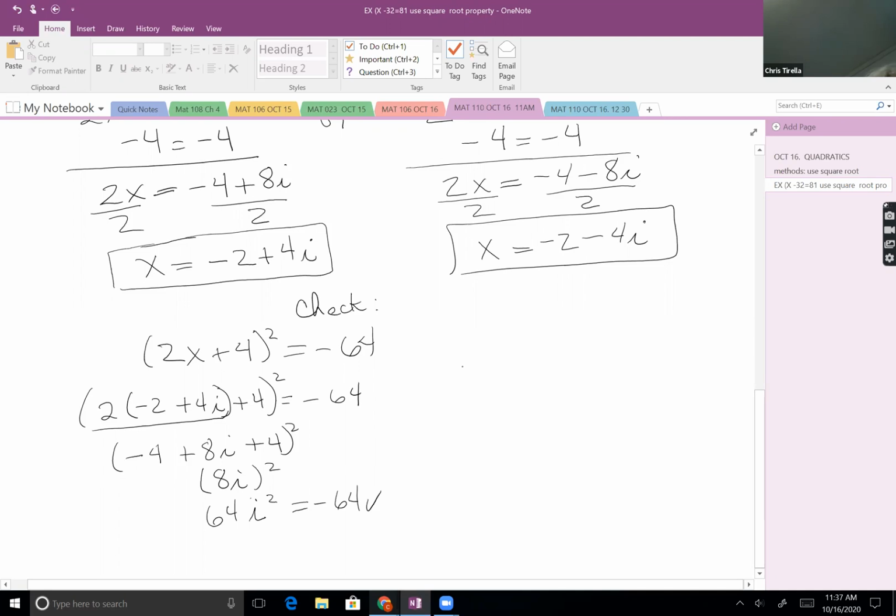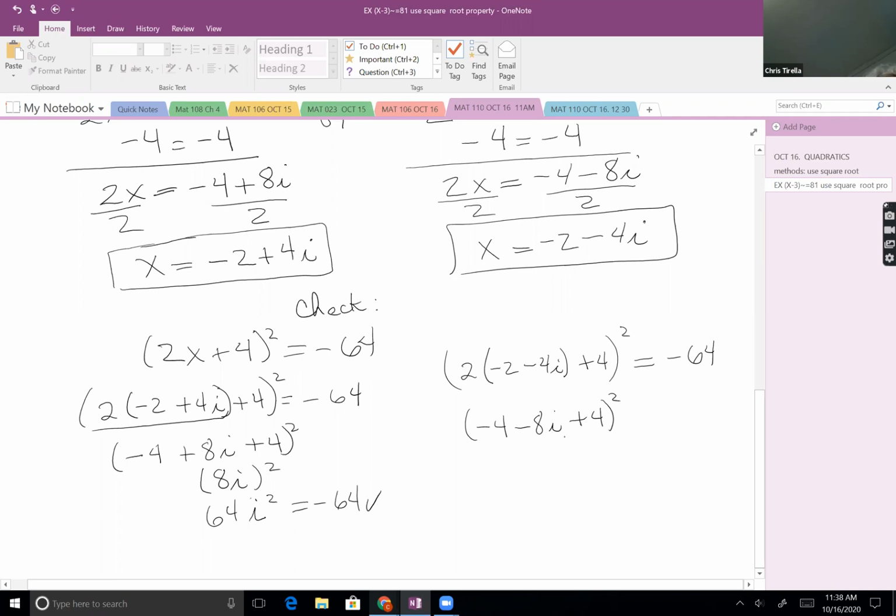Checking the other, it's 2 times x, where x is negative 2 minus 4i, and (2x plus 4) quantity squared is supposed to equal negative 64. Again, distributing to start, I get (negative 4 minus 8i plus 4) squared.